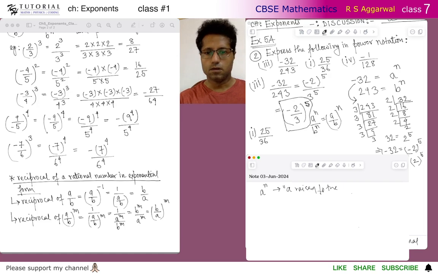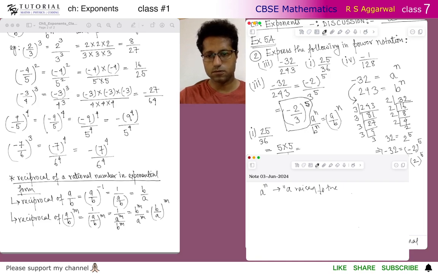Anyway, so what is 25 by 36? Using the same concept that I used in part 3, we have to express 25 as some number raised to a power, and also 36 as another number raised to the same power. So 25 is 5 into 5, and 36 is 6 into 6.